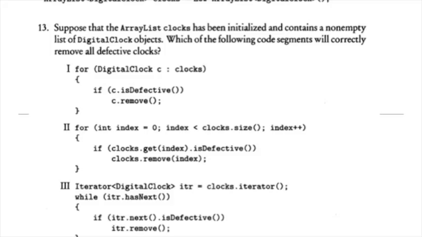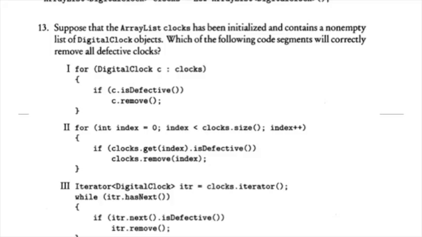But on the other hand, this c.remove has not been defined in the previously shown public class DigitalClock. Instead, something should be removed from the ArrayList, so basically it should be something like clocks.remove. So the first implementation is incorrect.